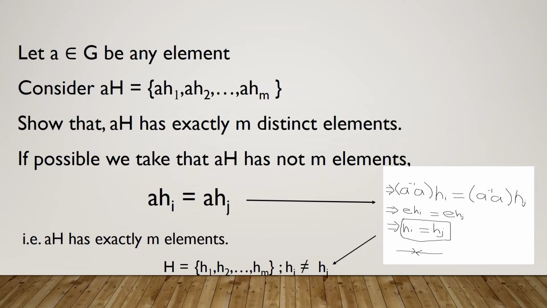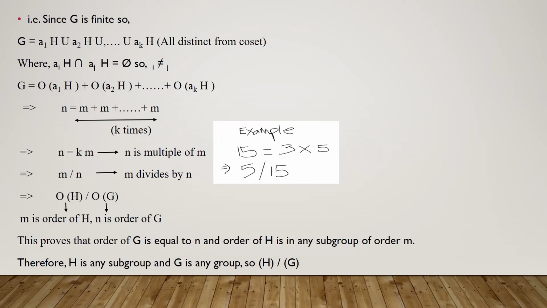So if a group has distinct cosets, then the group is equal to the union of all cosets. That is, aH has exactly m elements. Since G is a finite group, G is equal to a1H union a2H union a3H, and so on, union akH.